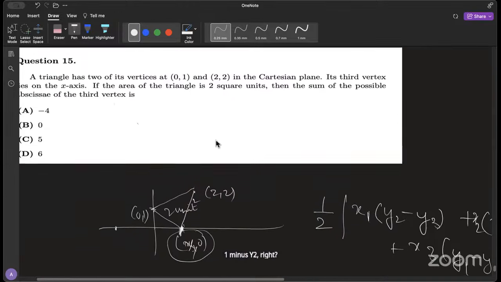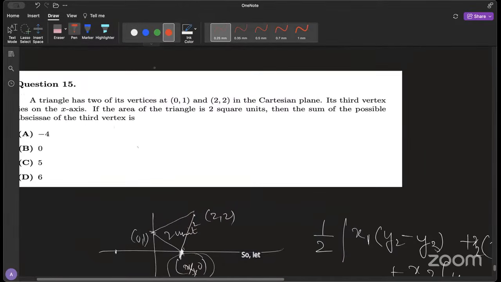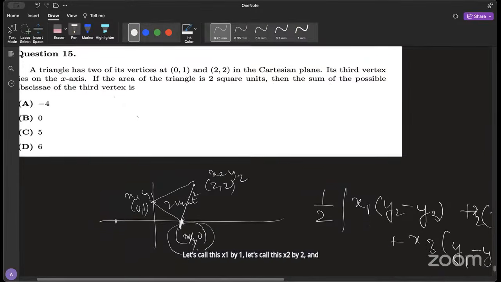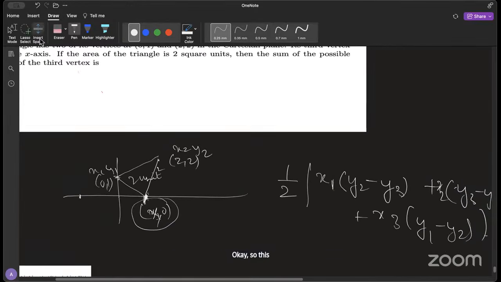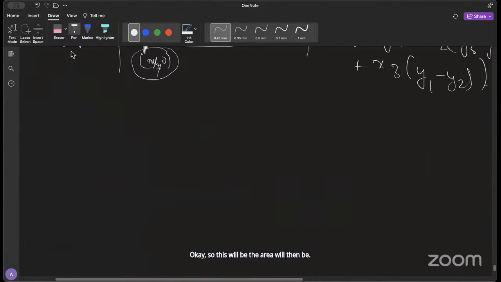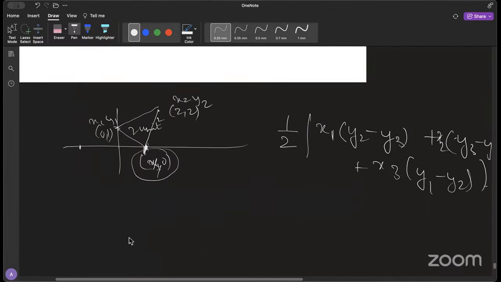So let's call this x1, y1, this x2, y2, and this one x3, y3. So the area will then be half of: 0, because your x1 is 0, so this entire thing will vanish. Then plus x2, which is 2.